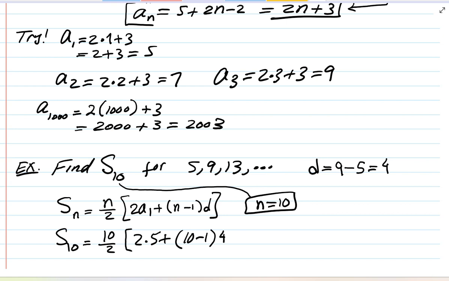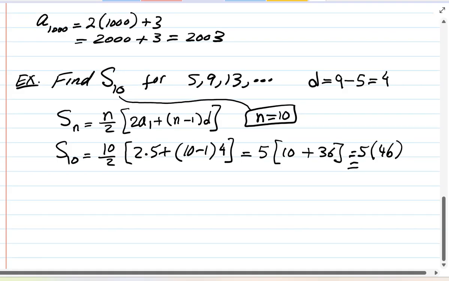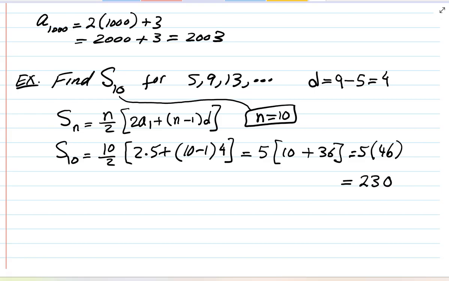Multiply by 4, the common difference. That's 10 halves times 2 times 5 is 10, plus 10 minus 1, 9 times 4, 36. So it's going to be 5 times 46. True. And 5 times 46, what is that? 5 times 40 is 200, plus 30, 230. And there you have it.